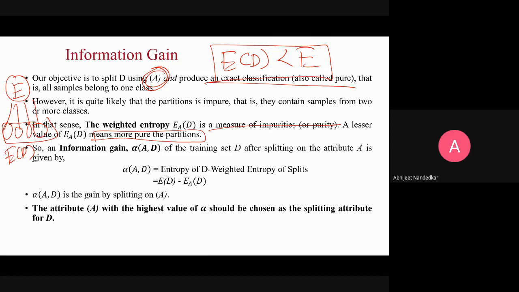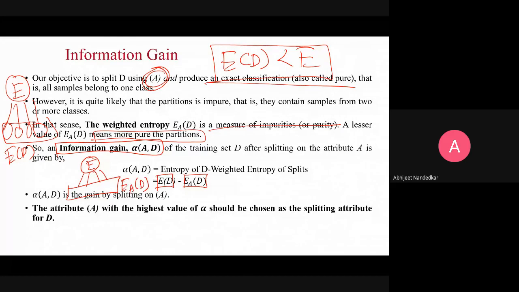So the information gain is the difference of the parent node entropy minus the children entropy. Okay, so this is parent entropy E. Then after division, you get some children, and E_A(D) is the weighted entropy of them.